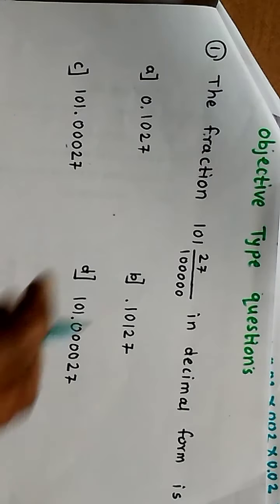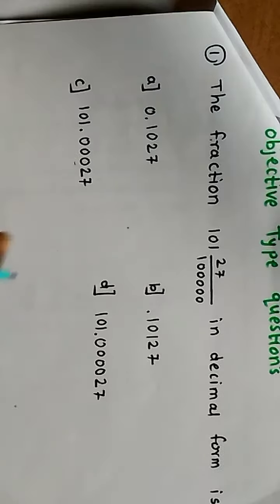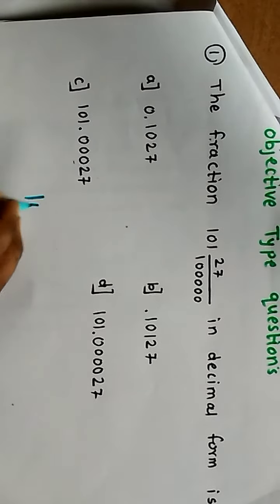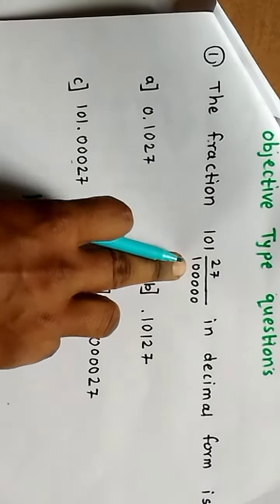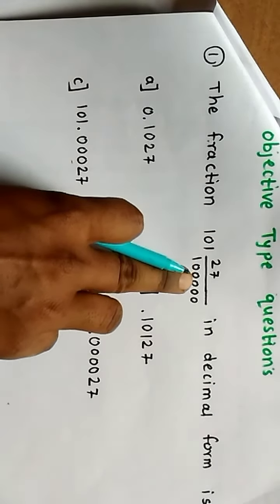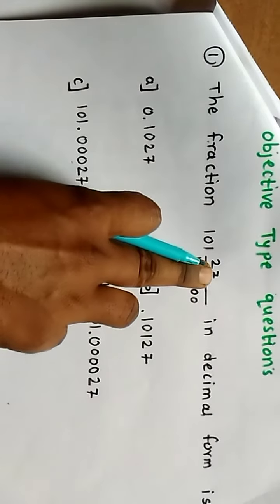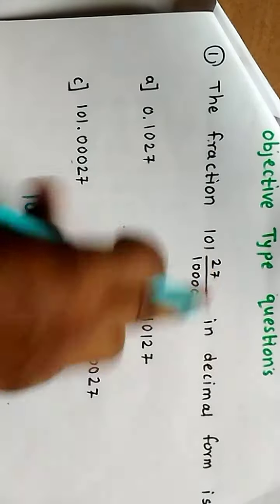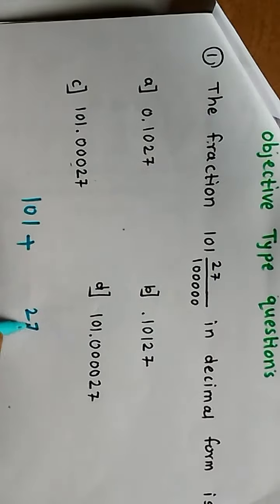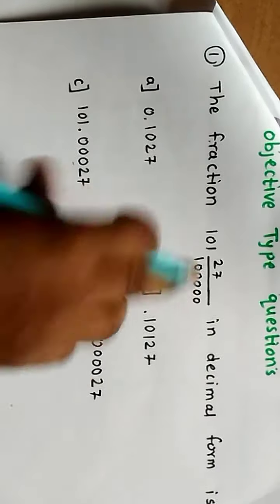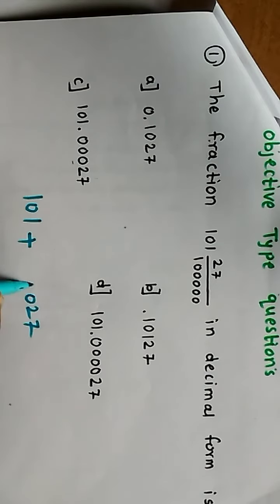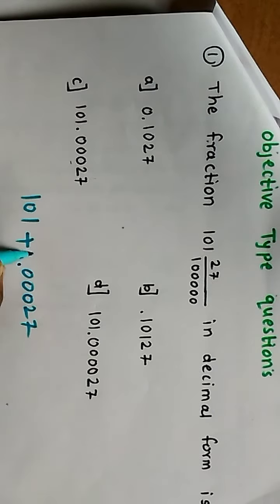We can solve it like this: 101 plus 27, and the decimal point after 5 places, counting the zeros 1 2 3 4 5, so the decimal point goes here.